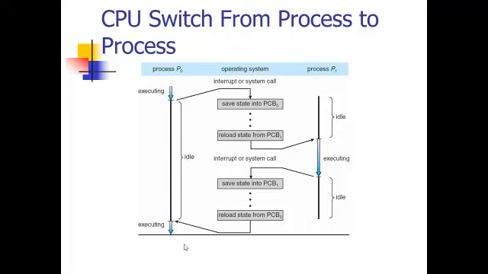So that is how, when processes switch from one another, the state will be saved and the new process state will be loaded, and then it can execute. So in between saving and loading, there's a small idle time for the CPU.